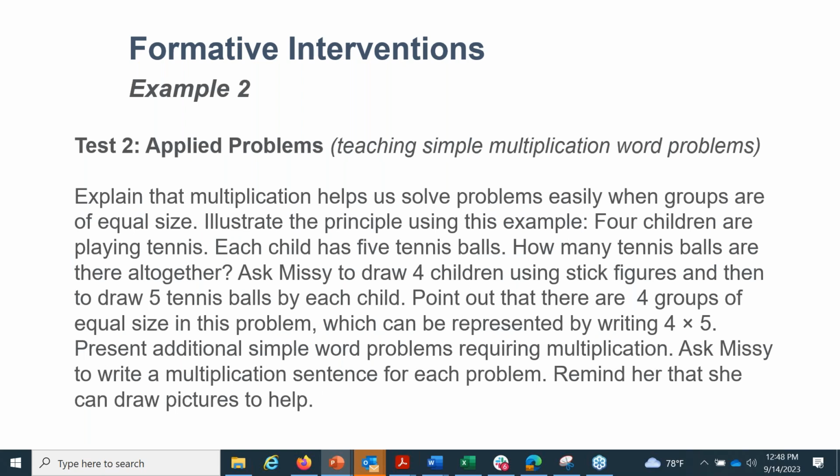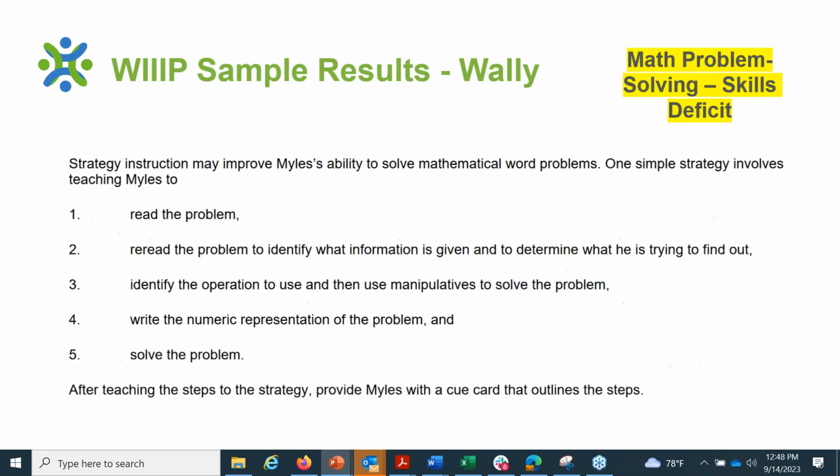Here's an example of a formative intervention that goes with applied problems. This was for teaching simple multiplication word problems. So based off of the item analysis, the student had difficulty with simple multiplication word problems. So again, the formative intervention that was created by the system gives us examples and description on how to implement that particular intervention.